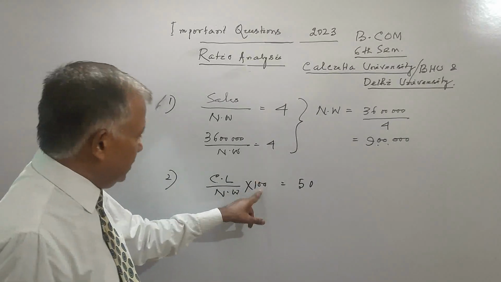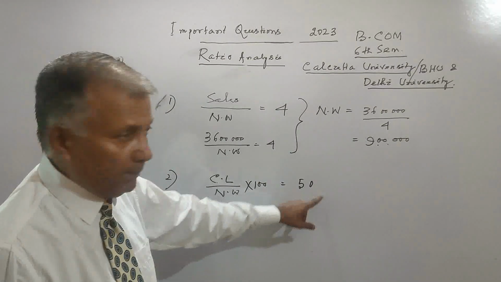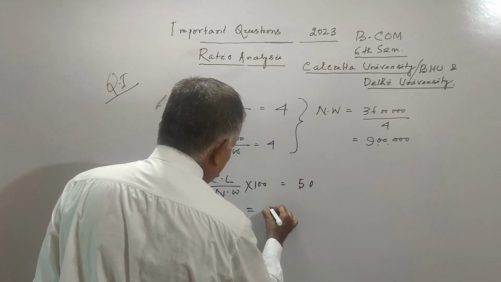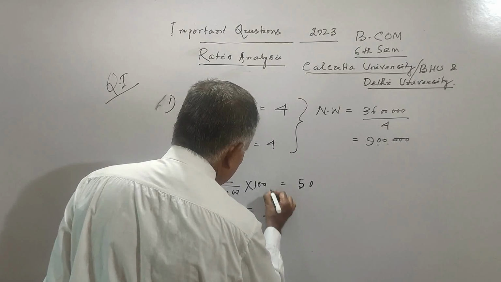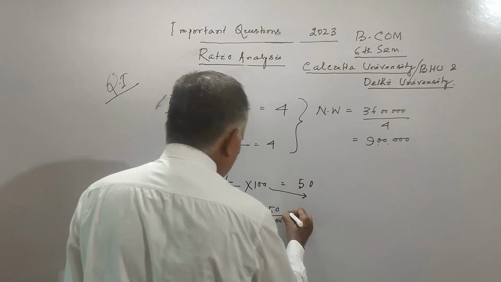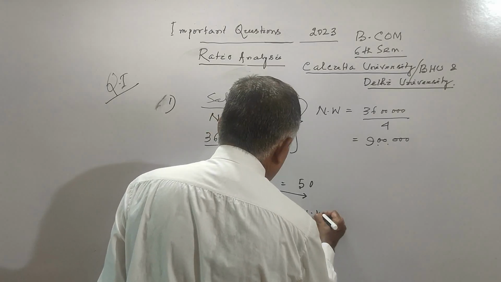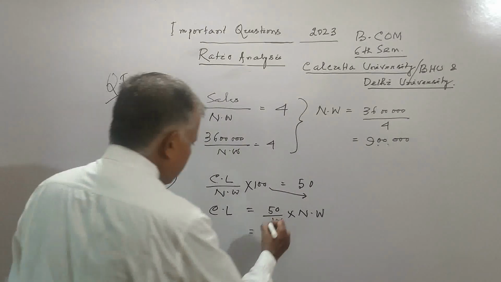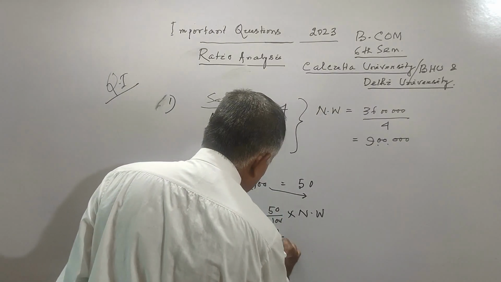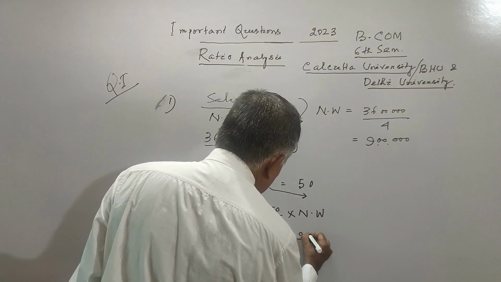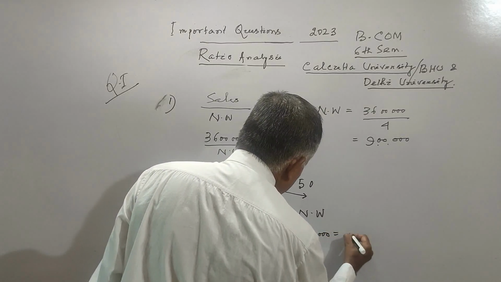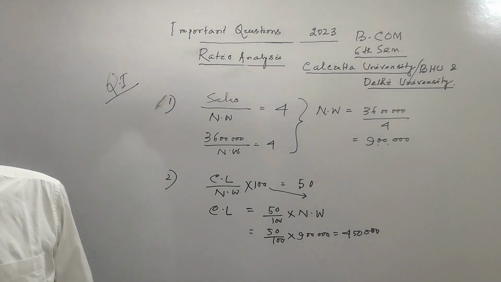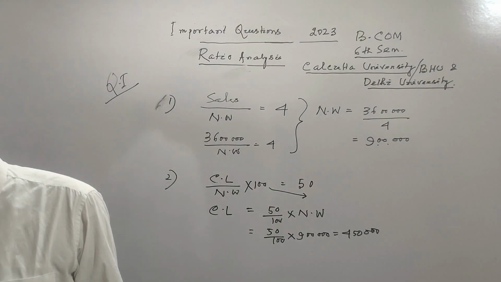Now, current liabilities equal to 50 by 100 into net worth, so this will be your 50 by 100 into 9 lakh, it comes to 4,50,000. So current liability is 4,50,000.